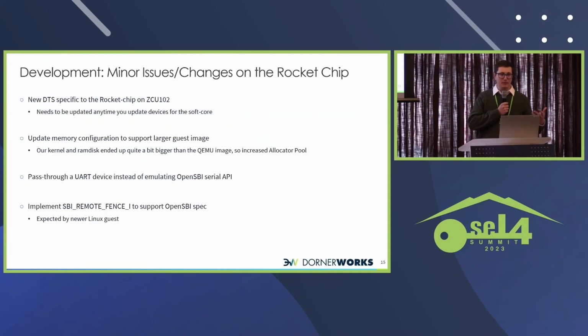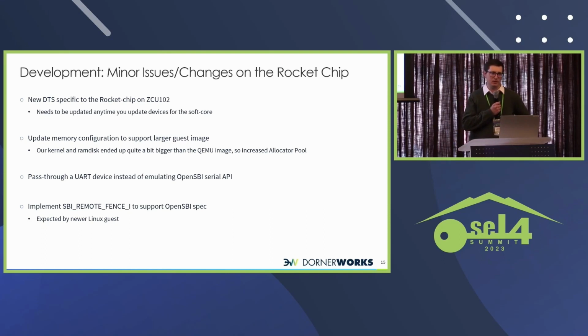And then besides that, there were mostly just minor issues. Obviously, we had a new DTS that's specific to the Rocket Chip on ZC102, so that needed to be included. It's worth noting that it needs to be updated more often than you would expect for most other platforms, or at least just as much as the ZC102 is today, if you utilize PL devices or if you are going to be adding more PS devices in.